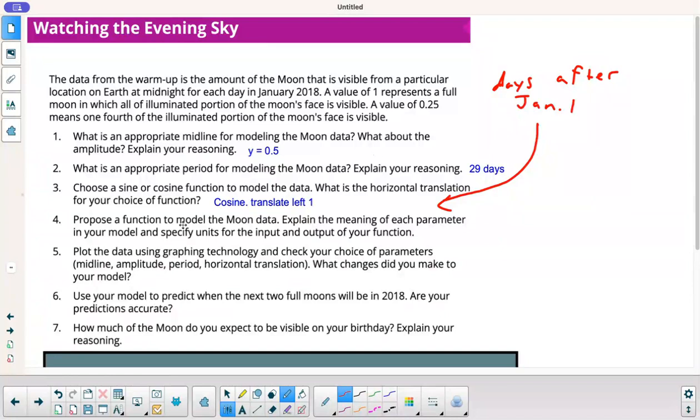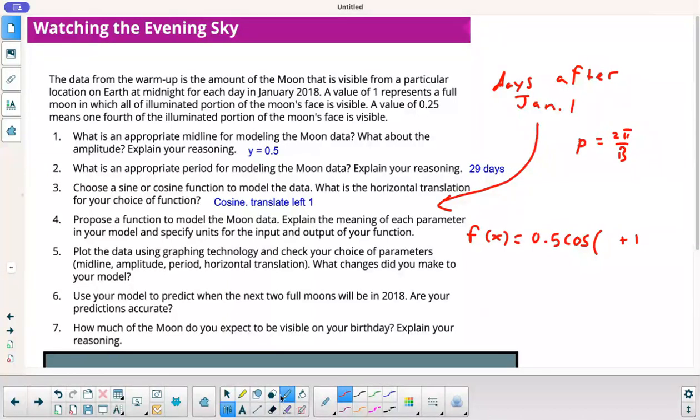So propose a function. I'm going to say f of x equals, amplitude is 0.5 because your midline is 1/2 and you go up to 1, cosine of, well, I've got to find b. I know my phase shift is left 1, so I'm going to put +1. You find your period length: the period is equal to 2 pi over b.